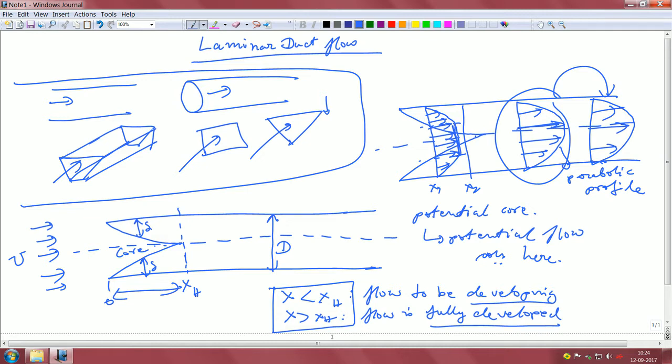And you can readily make out why, that is because as the boundary layers are extending, the flow velocities are changing. So, in order to maintain a constant mass flow rate through this conduit, you have to have an increase in the central line velocity. But after x equal to xh, the velocity profiles will be self similar in nature.